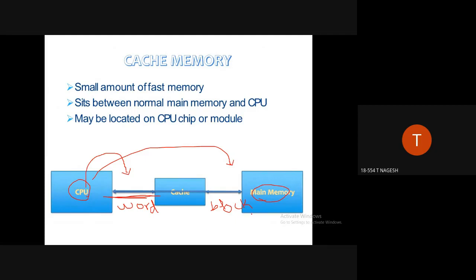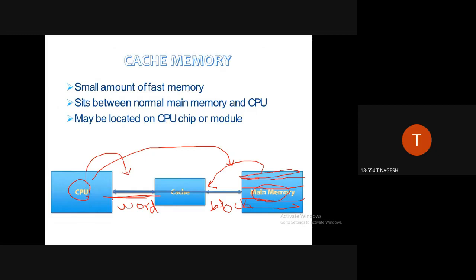Block transfer means the main memory has several blocks in it, where each block holds a set of data. One of those blocks might get placed into the cache memory, so the entire block resides in the cache memory for easy access by the processor to the data of that block.